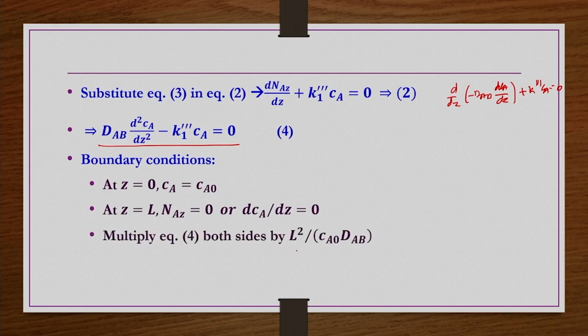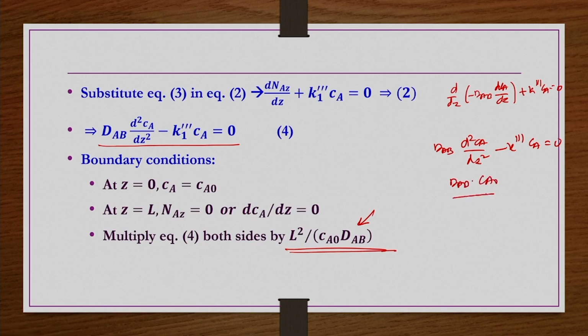Now, this equation we are multiplying on both sides by L square divided by Ca naught DAB. Why are we doing this? We are trying to non-dimensionalize the equation. How does L square by Ca naught DAB come? Because in the equation DAB d square Ca by dZ square minus K1 triple prime Ca equals 0, in place of Ca we can have Ca naught, and in place of Z we can have L square.